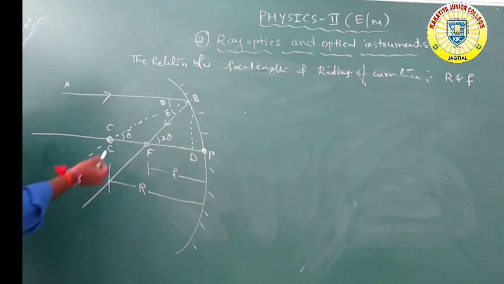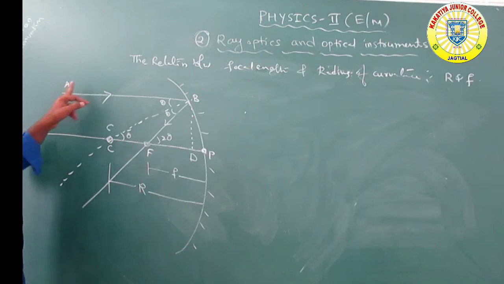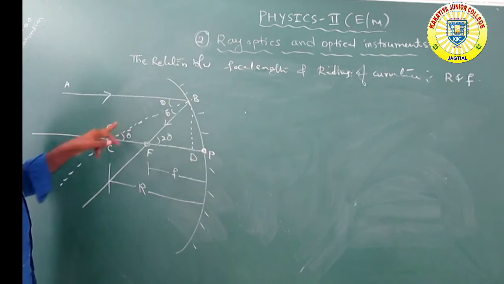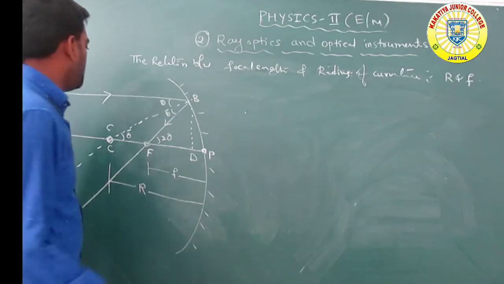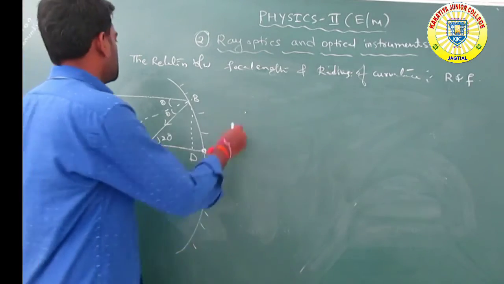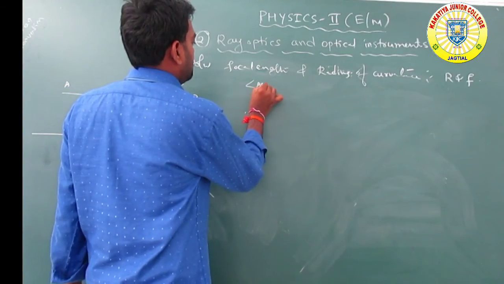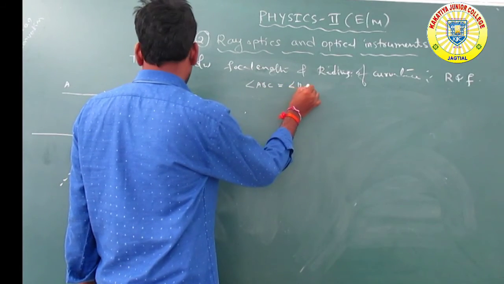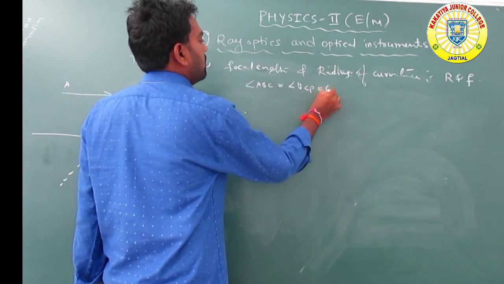Now the next one. Here the triangle is taken. Angle ABC is equal to theta, and angle BCP is also equal to theta.